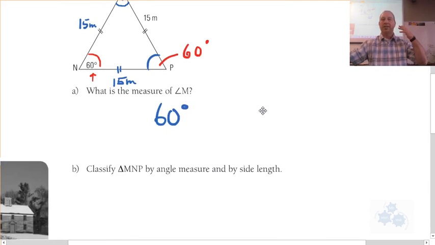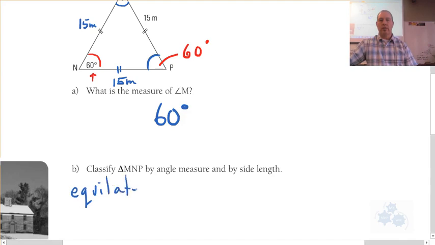So we've already said it. It's an equilateral triangle. And is that because of the angles or because of the side length? Equilateral. That's because of the side lengths, right?